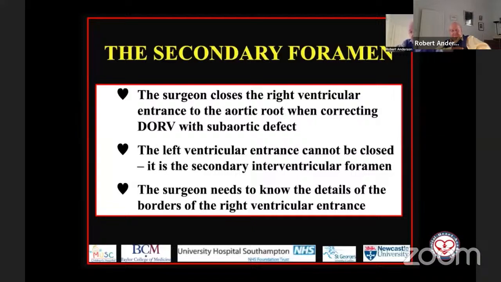In some instances, it may be the pulmonary root, but it is the right ventricular entrance that the surgeon needs to know about. So now we're going to look at the anatomy of that right ventricular entrance to the aortic root, shown to you by Diane in a heart that has double outlet right ventricle with subaortic defect.